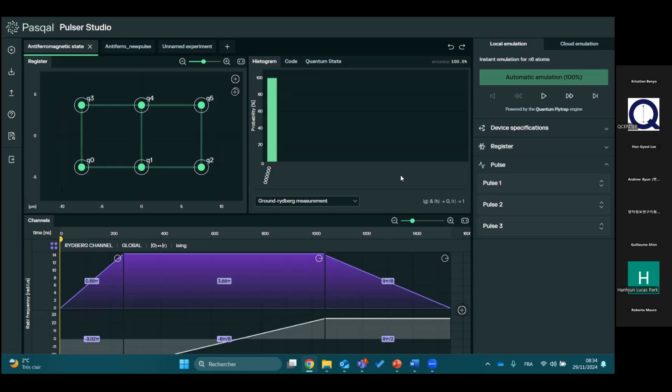If you remember, we discussed that we encode quantum information in the energy state of the atoms. Reference state 0 is the ground state, and reference state 1 is the hyperexcited Rydberg state.